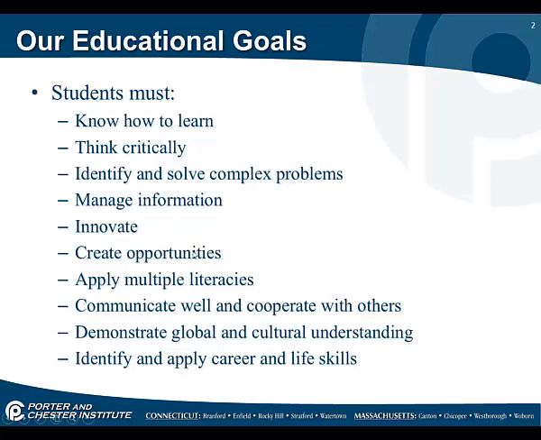We need to be able to show them how to create opportunities. We need to be able to show them how to apply what we call multiple literacies, okay? Things that they've done in the past, things they learned in high school, things they learned here in career school, all have to come together to be able to let them function well in this global environment. We need to be able to teach them how to communicate well and cooperate with others, okay?